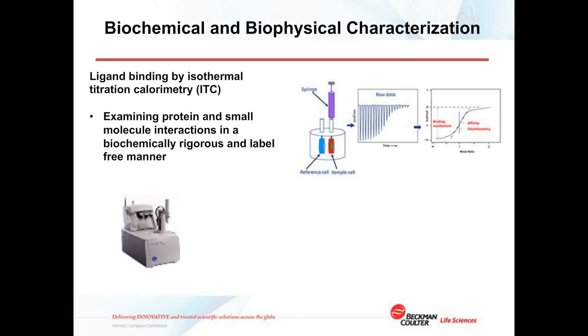As the peptide is injected, heat will be released, and this heat in the sample cell will be compared to a reference cell, and then ultimately with the amount of heat absorbed, one can obtain many biophysical parameters associated with the interactions of peptides and small molecules with your protein of interest.